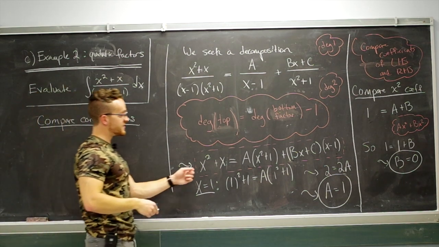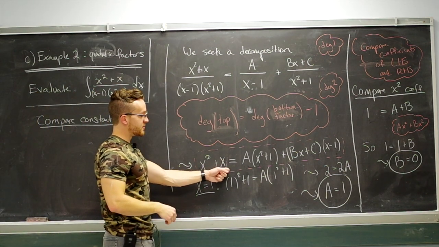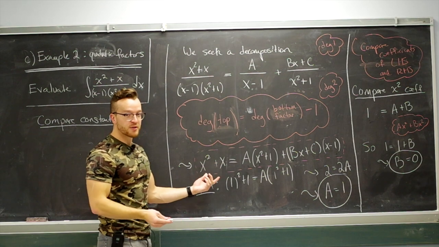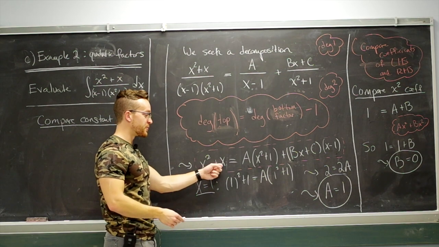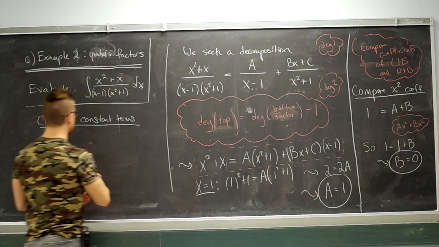Again, on the left, this is easy. The constant term is 0 because there is no constant. This is like x squared plus x plus 0.